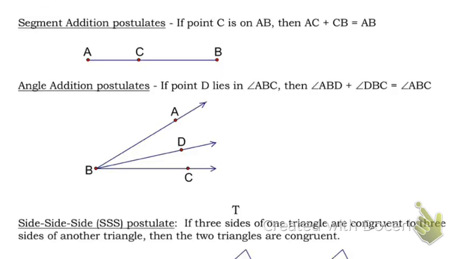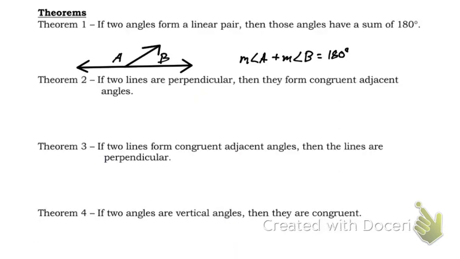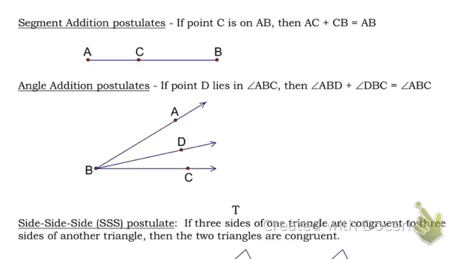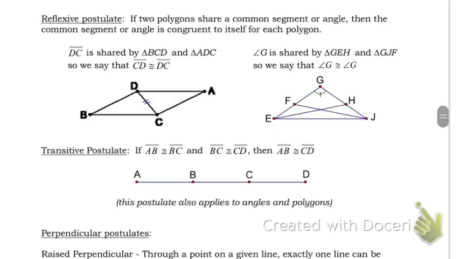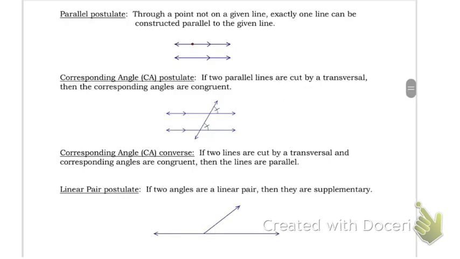Before I move on, I do want to talk about the linear pair postulate and think about why they're different. This one says directly they equal 180 degrees. If you look at the postulate, it's very, very similar, except it uses the word supplementary.